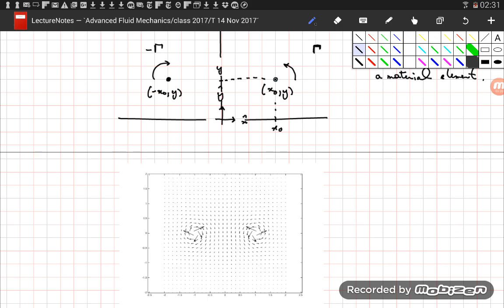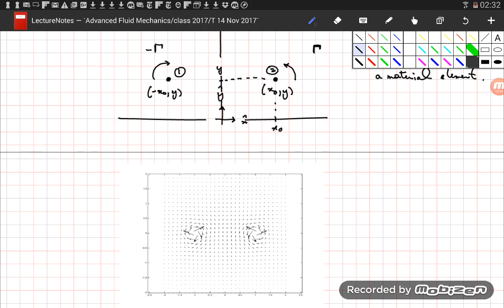Now the question is, what is the velocity field at this point? It is simply the velocity field induced by the other vortex. This vortex here creates a velocity field which turns in this direction. It decays as 1 over r. Let me give them names: vortex 1 and vortex 2.